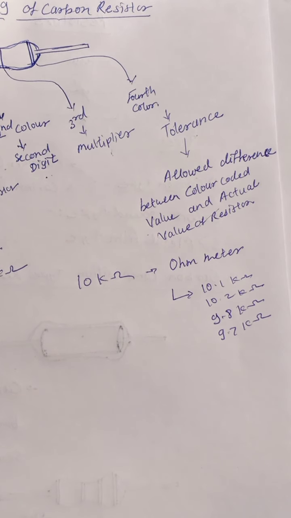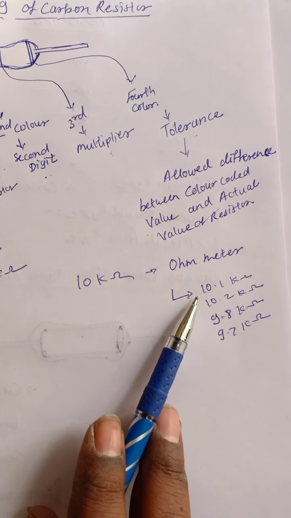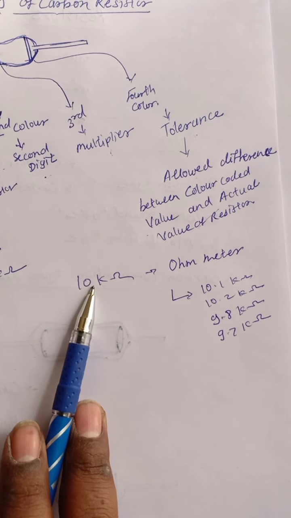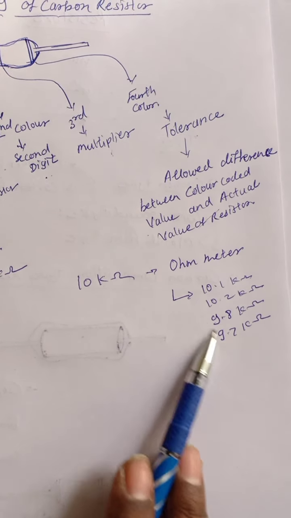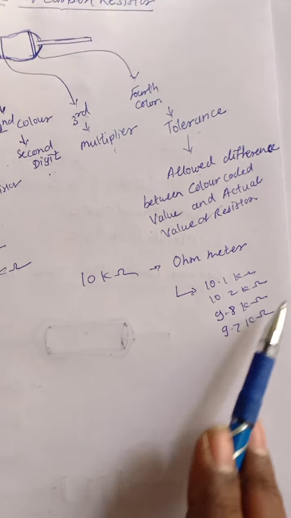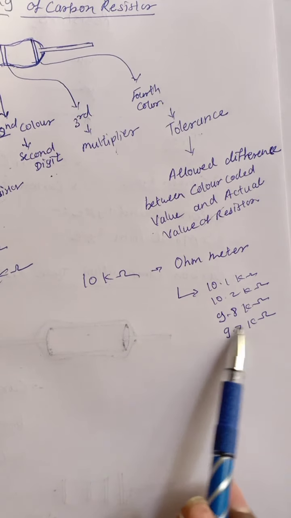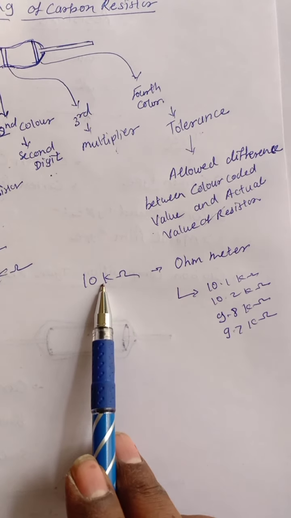So there is some variation between the exact measured value and the color coded value.